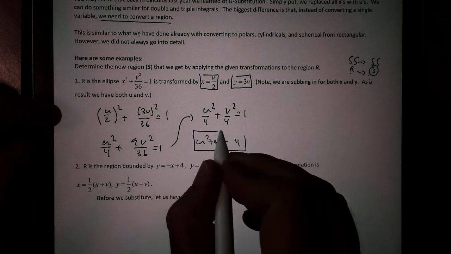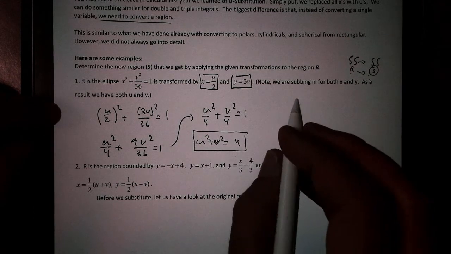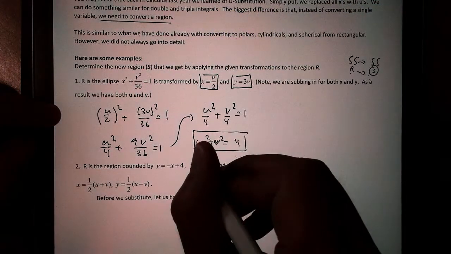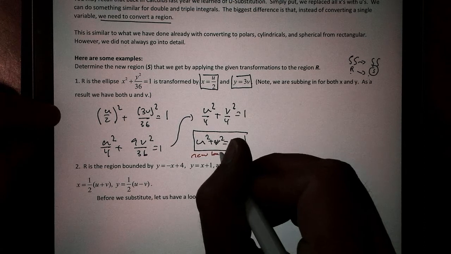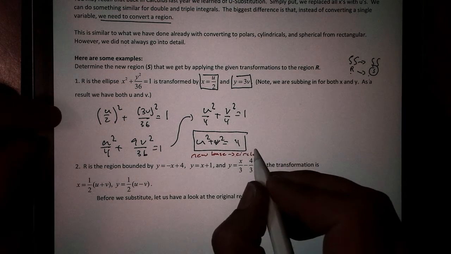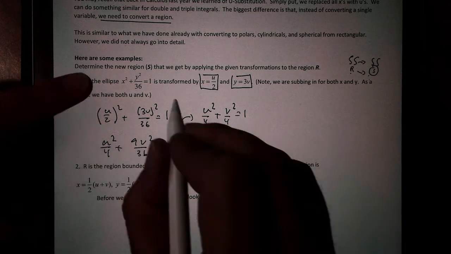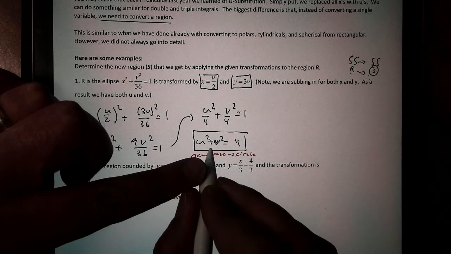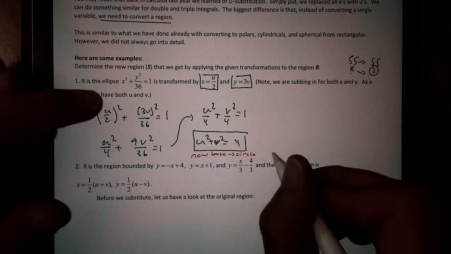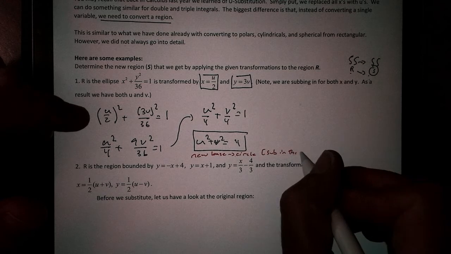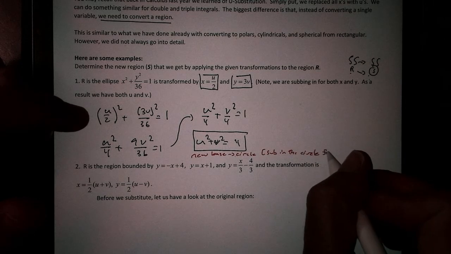Now notice, our new base is a circle. And circles are much easier to integrate than an ellipse. So we can substitute this circle for this ellipse. In other words, we're going to sub in the circle for the ellipse.